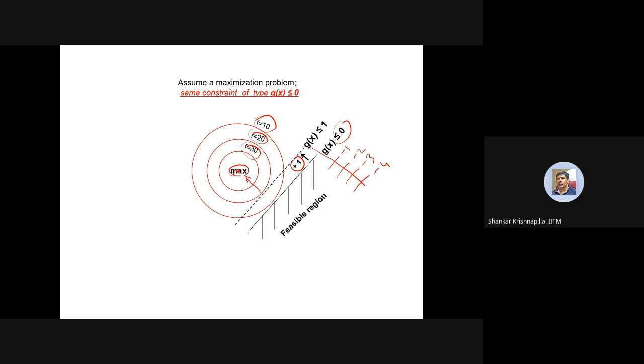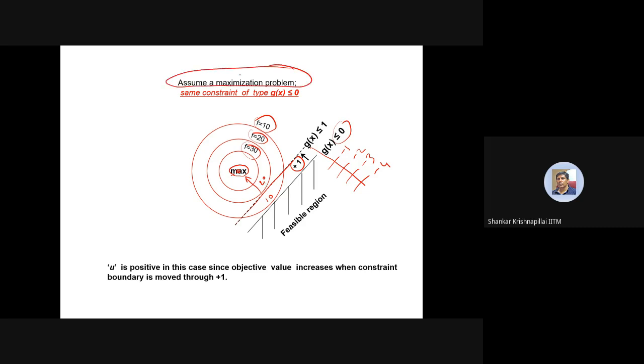When the constraint boundary is pushed in the +1 direction, the objective function value has increased from 10 to 20. So if you do a maximization problem with this Lagrange multiplier method, the sign of u should come as positive. This is the explanation for why the sign of u should be negative for minimization problems and positive for maximization problems.